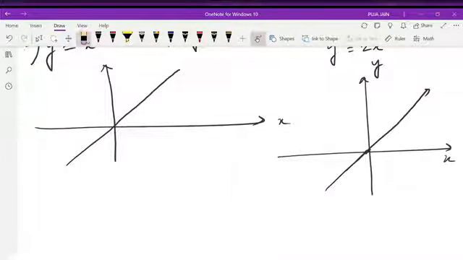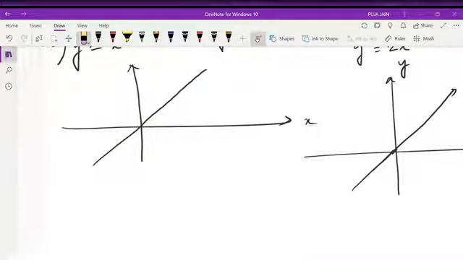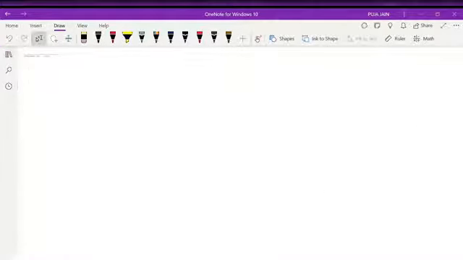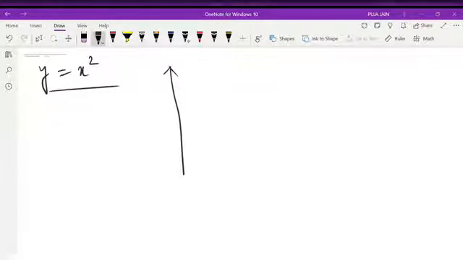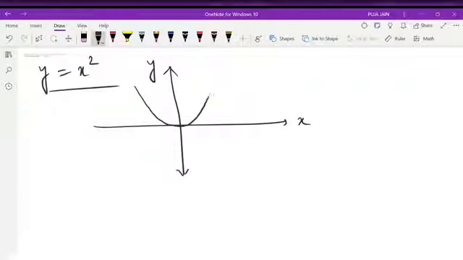Now next, for y equals x square, what will we get? This is a parabola, right? So for this, if this is x and this is y, we are going to get the graph as this.